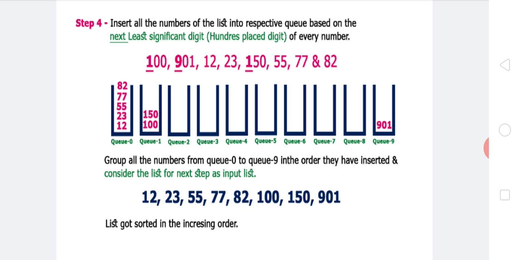In the next step, all the elements are placed in the queues on the basis of the tens place digit. In the last step, step number 4, we insert the elements on the basis of the hundreds place digit. Now we can see the list: 100, 901, 12, 23, 150, 55, 77 and 82. This is the input taken from step number 3.